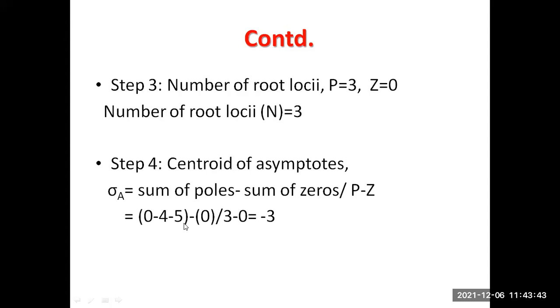This is all the poles, minus the sum of zeros, there is no zero. Number of poles is 3, so 3 minus 0. That is minus 3. Yes or no? Yes, sir. -3, sir. Okay.